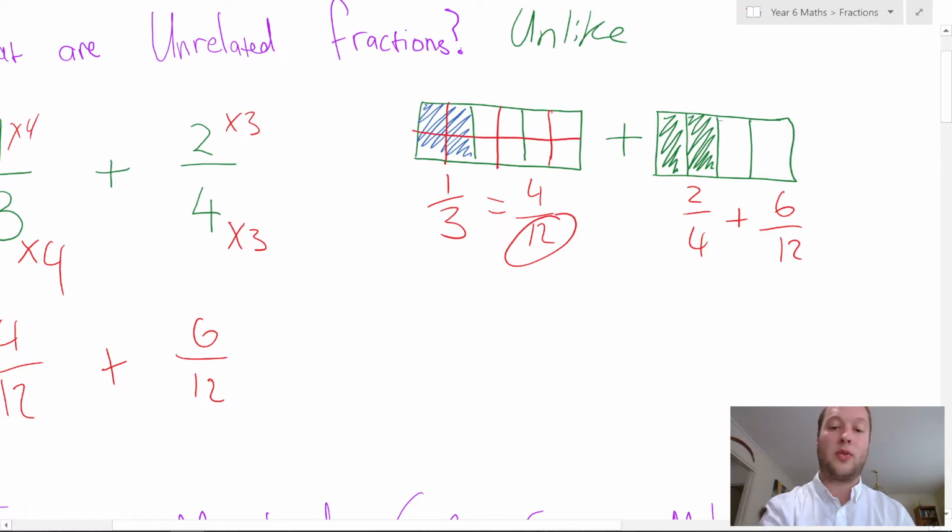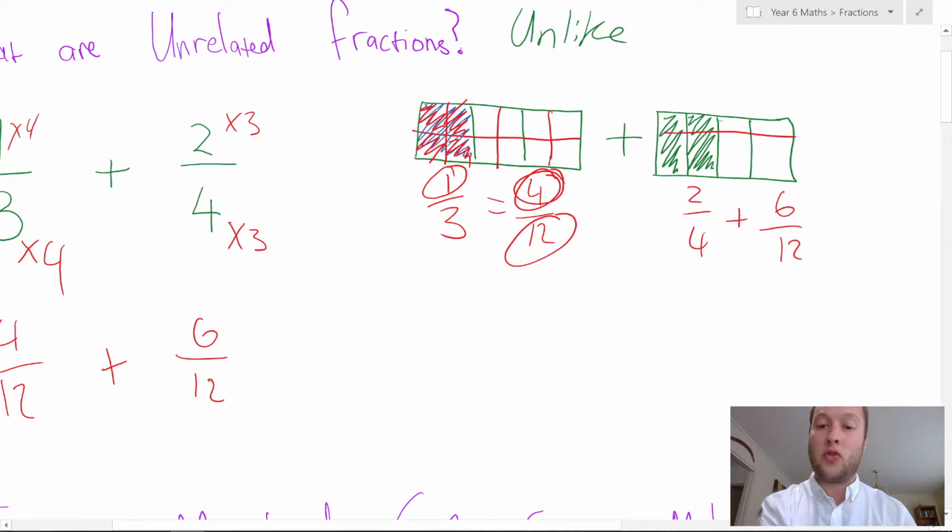If you don't believe me, pause and count. I should have 4 colored in. 1, 2, 3, 4. So we can actually see that the 4 red boxes are the same amount. It's worth the same as 1 blue box if it's cut into thirds rather than 12ths. With our example over here, we can make it into 12ths.